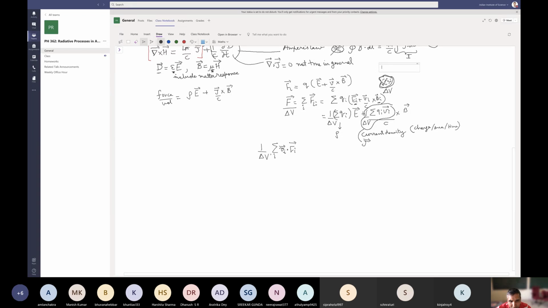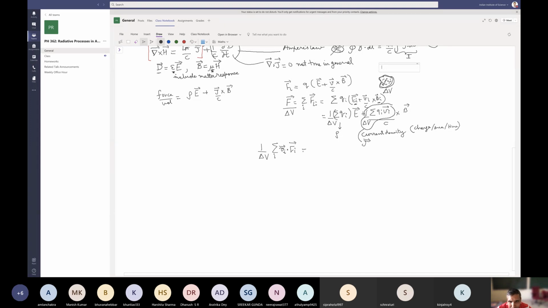So this is the rate of work done per unit volume on this system of particles. Again, if I do Vi dot Vi cross B, the magnetic contribution goes to 0.